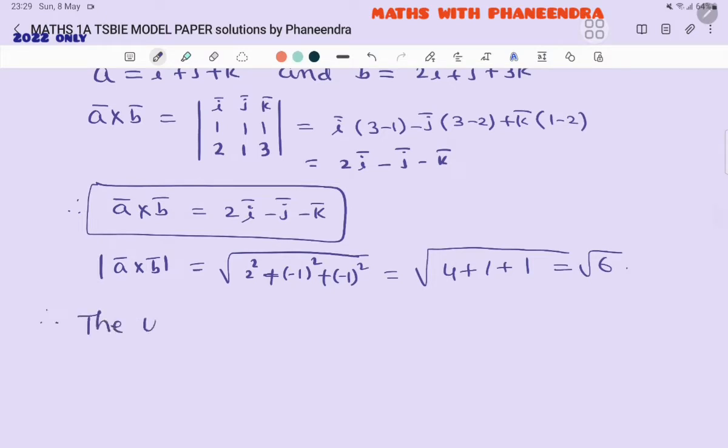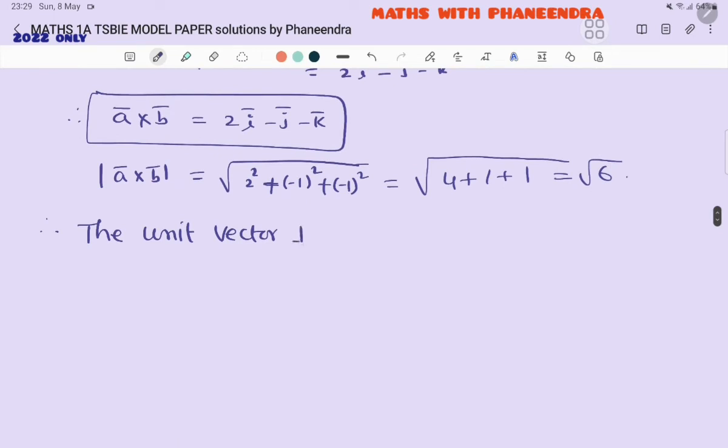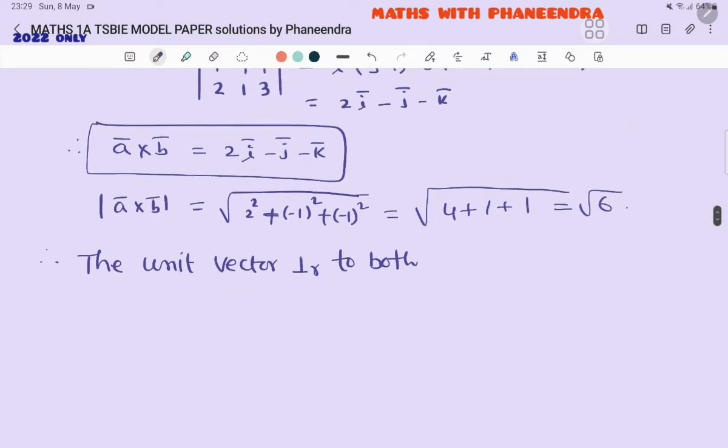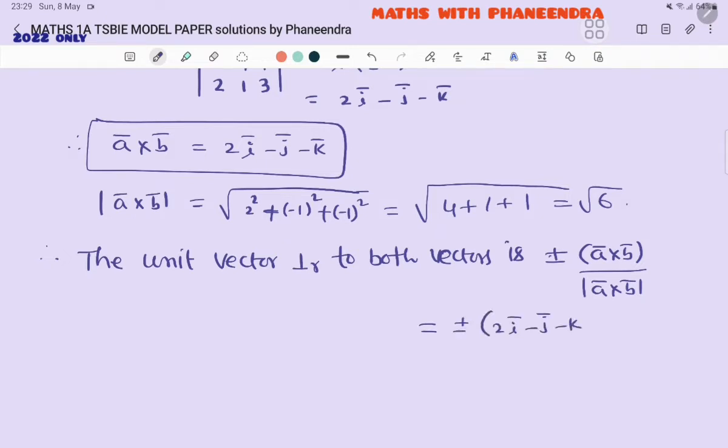Therefore apply the formula. The unit vector perpendicular to both vectors is plus or minus A bar cross B bar by mod A bar cross B bar, that is equal to plus or minus (2i minus j minus k) by root 6.